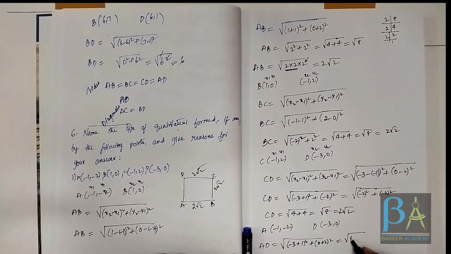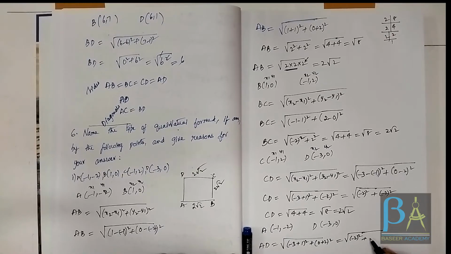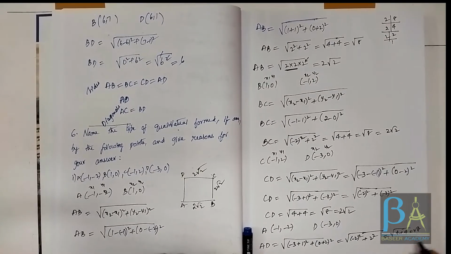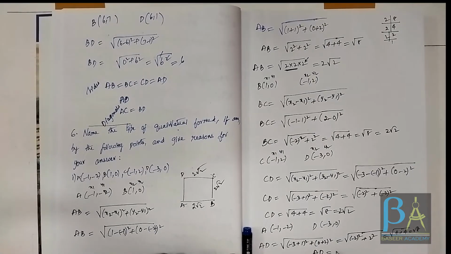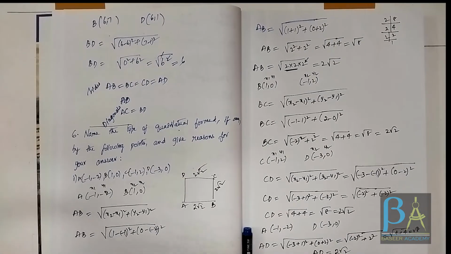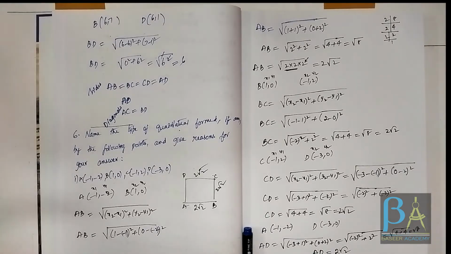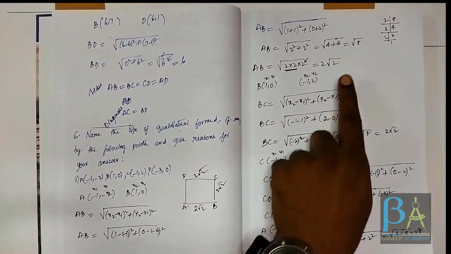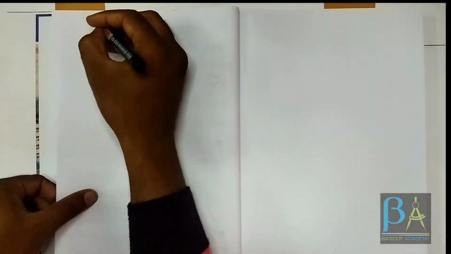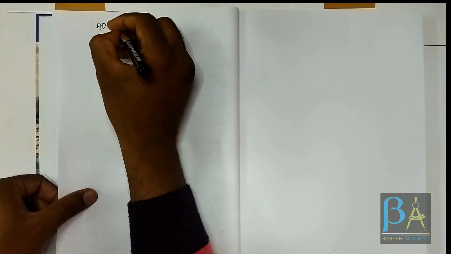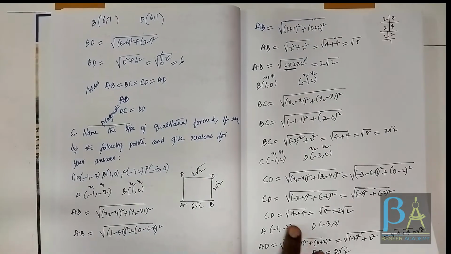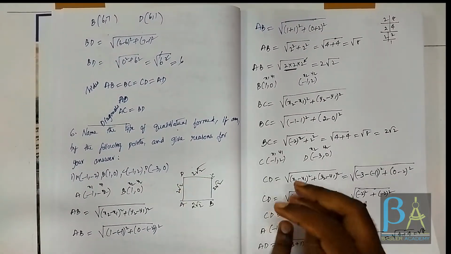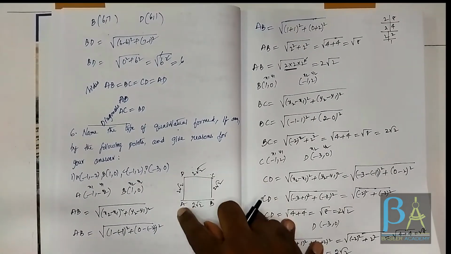So this is going to be minus 2 square plus 2 square, which is again going to be root 8, which means AD is again 2 root 2. Okay, so AD we got it as root 8, and then root 8 is nothing but 2 root 2. So AD is also 2 root 2. So we see that all the four sides are same.